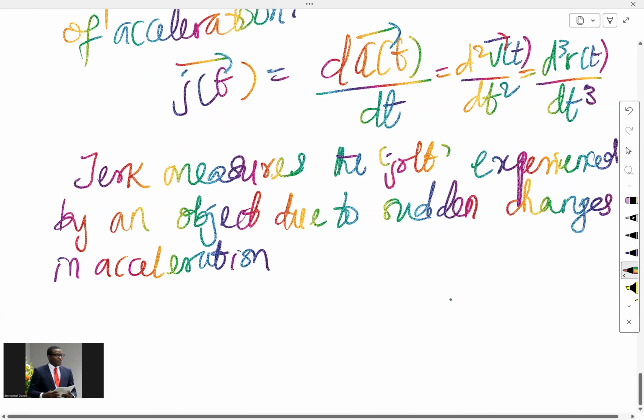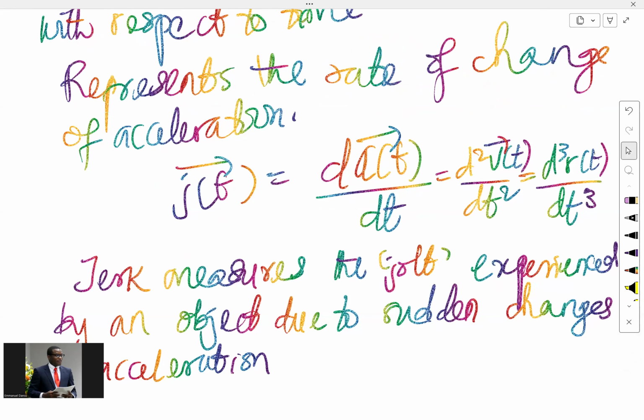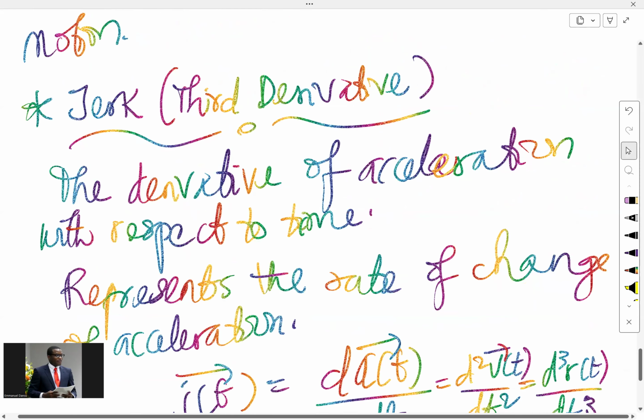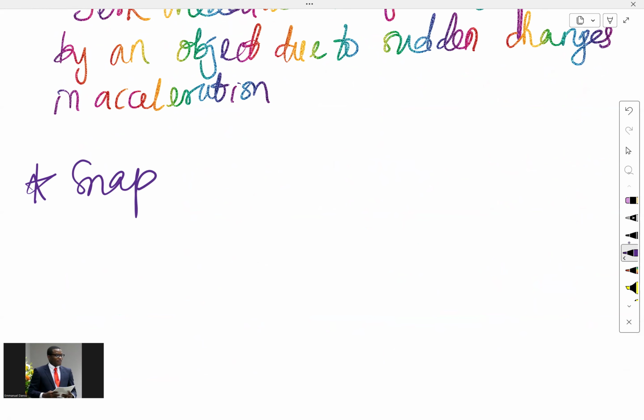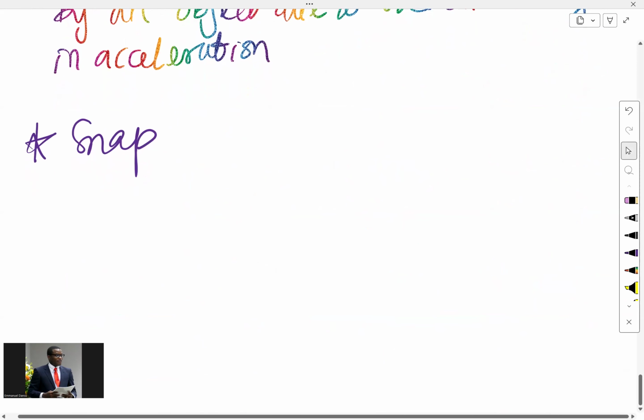So that goes. And of course, we have the fourth derivative, which is called a snap. The snap is actually the fourth derivative.